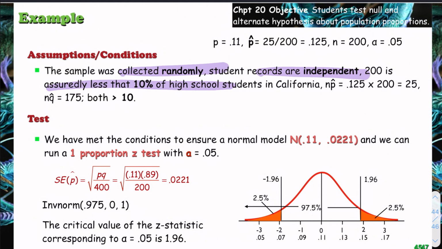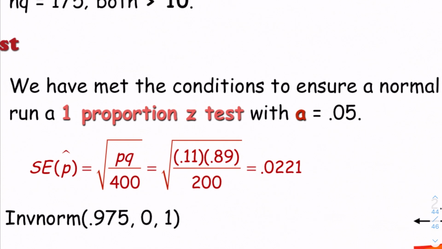The T is to name the test. We've met the conditions, so we can use a normal model with mean 0.11 and the standard error of our null hypothesis, which is the square root of 0.11 times 0.89 over 200, giving us 0.0221. Just in case you need that calculation, I have it run here.